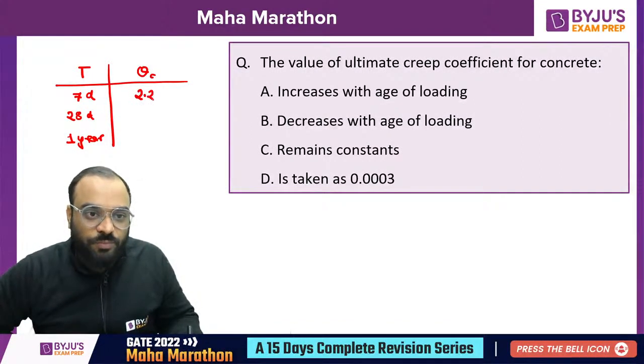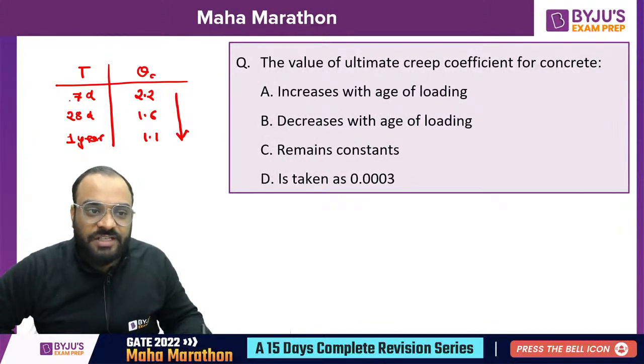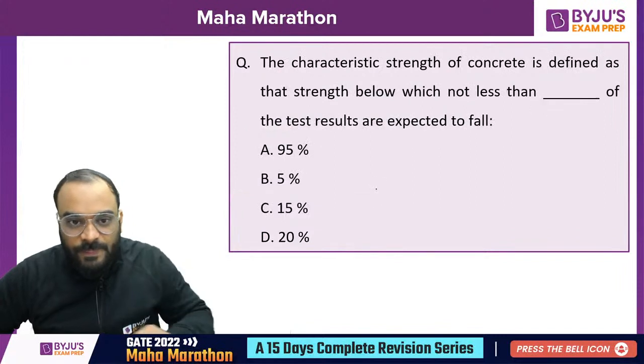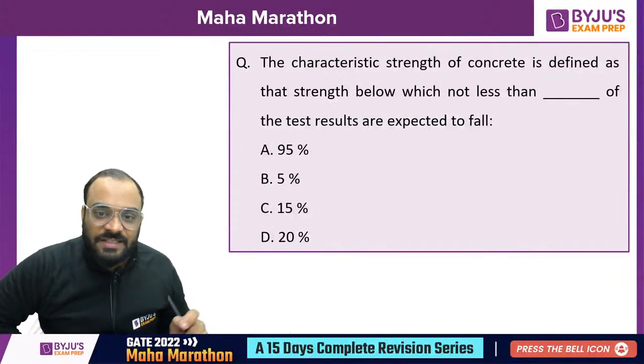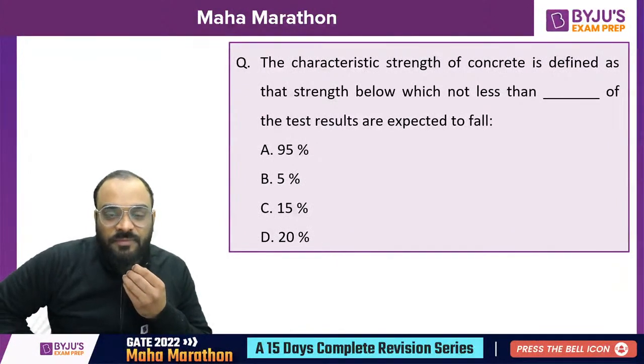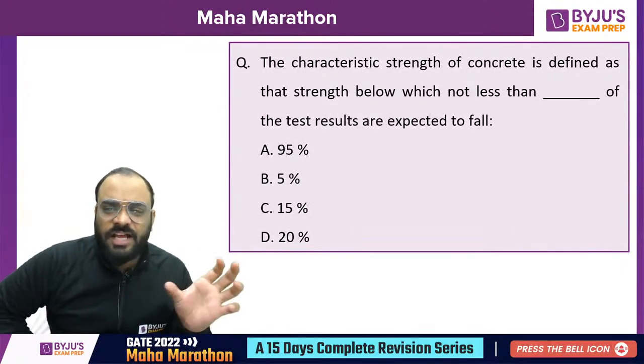This is 2.2, 1.6, 1.1. So you can see here guys, this value is decreasing and this value is increasing. As we move downward, this value is increased, this value is decreased. That's why B is the correct answer. Next question. The characteristic strength of concrete is defined as the strength below which not less than dash of the test results are expected to fall.